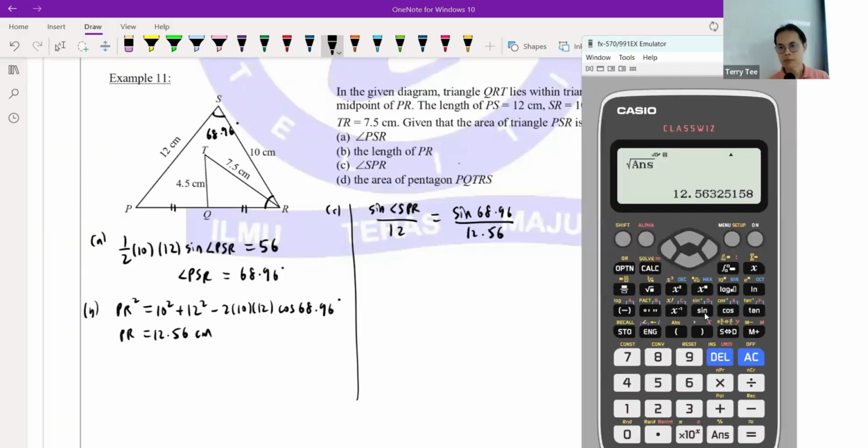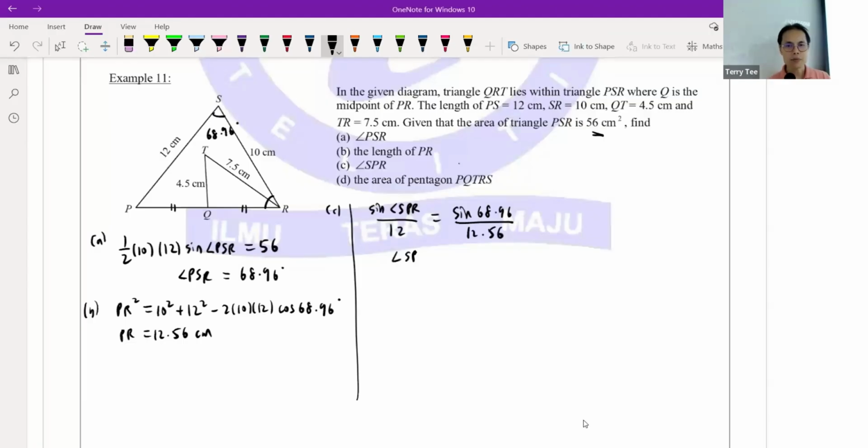Use your calculator: sine 68.96 divide 12.56 multiply by 12. Whatever I get, shift sine, answer equals 63.09. SPR is 63.09. No problem.